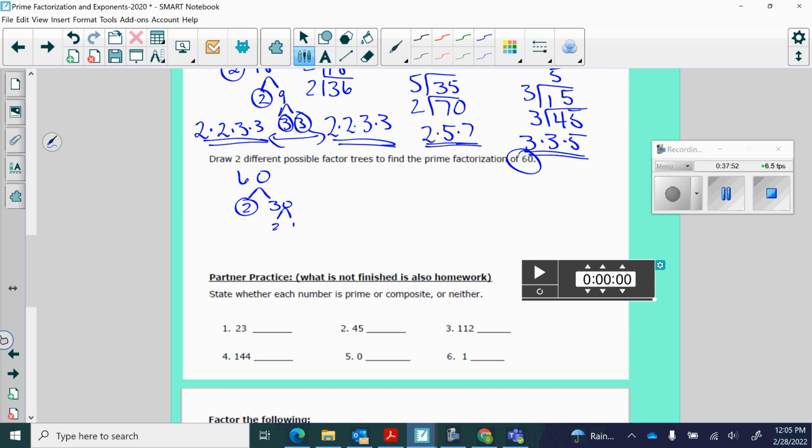So 30, I can do 2 and 15. 15, I can do 3 and 5. So I end up with 2 times 2 times 3 times 5. Cake method, 60 divided by 2, divide by 2, divide by 3, bang, I'm done. So same answer, either way, you can do this.